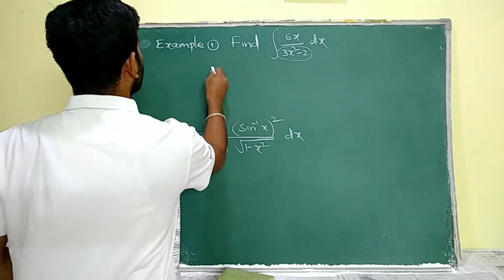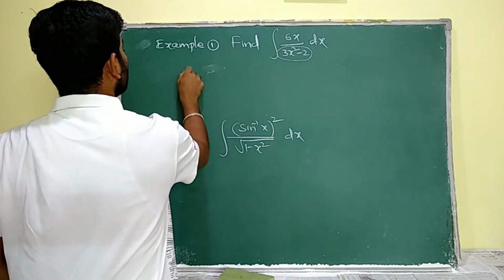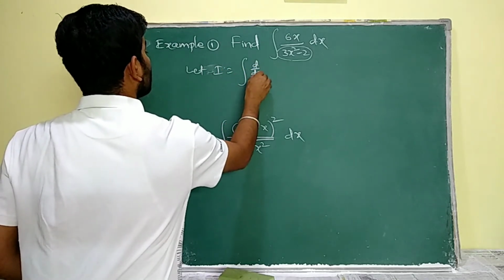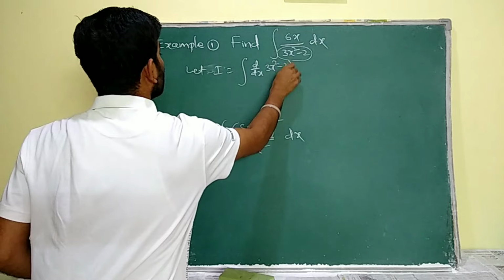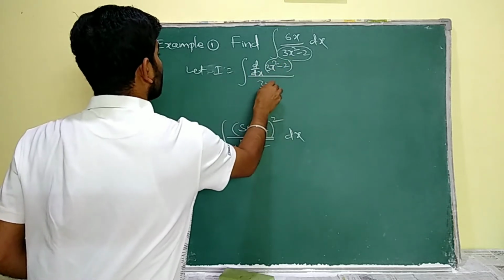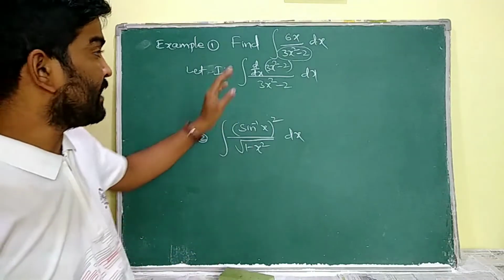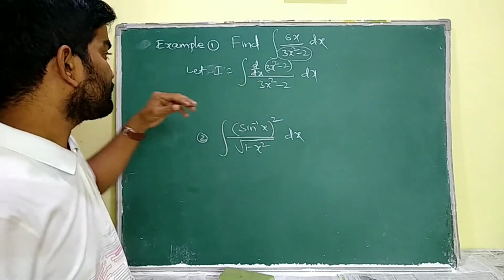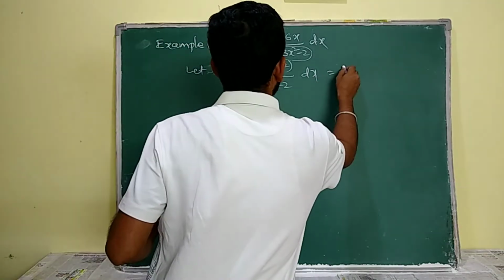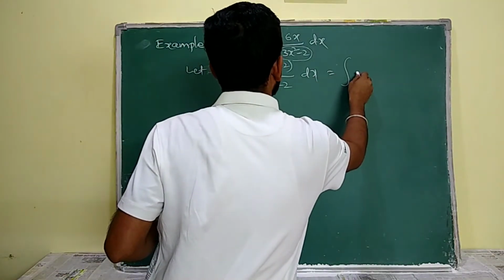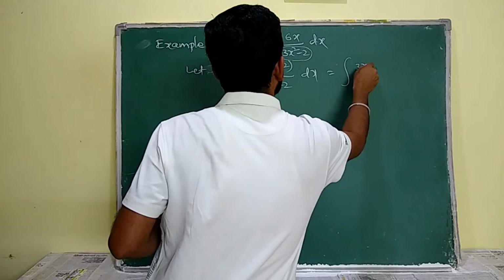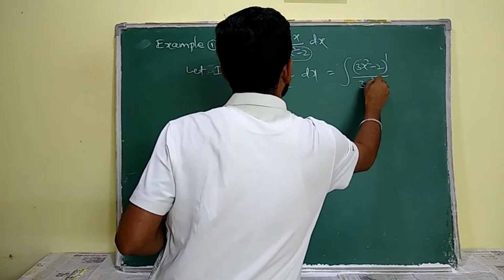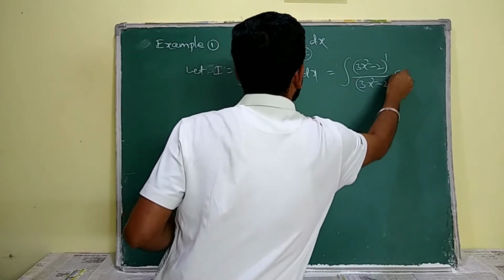So I am going to rearrange this as, let I is equal to integral d by dx of 3x square minus 2 by 3x square minus 2 dx. Why I am arranging like this? I think you can understand. This can be expressed as integral 3x square minus 2 whole dash by 3x square minus 2 dx.